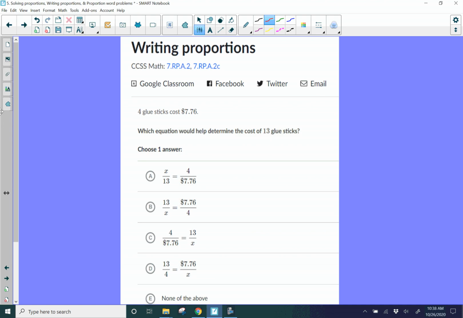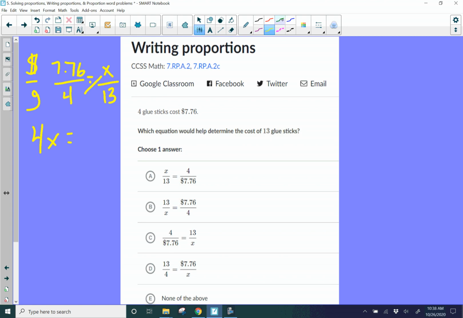Okay, let's do one more. We're going to do dollars over glue sticks. I'll use G for glue sticks. So we're going to do 7.76 over 4. And that's going to equal x over 13. So we're looking for 4x equals then whatever 13 times 7.76 is.